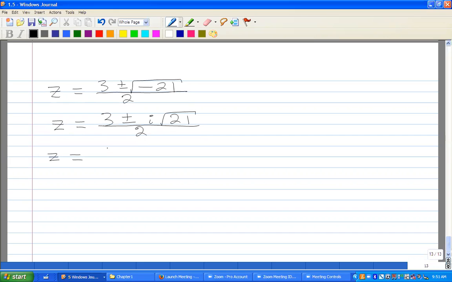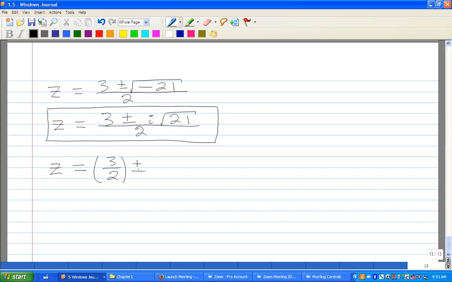So I'll just say that the answer, but they want it in the form a plus bi, so divide the first term by 2: 3 over 2 plus or minus the square root of 21 over 2 I. So this is the form they wanted, the standard form.